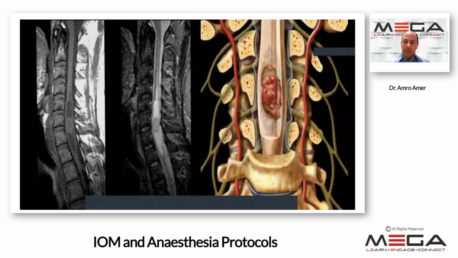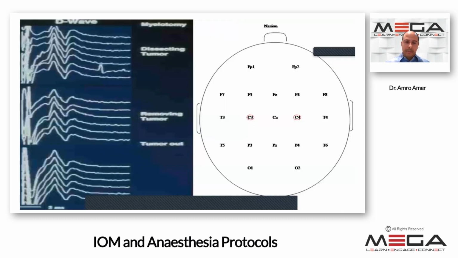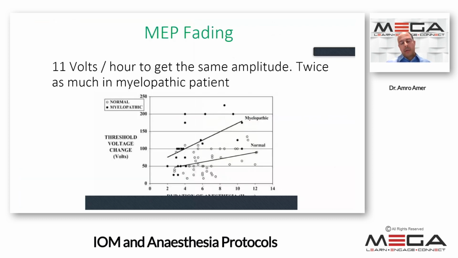Another picture of intramedullary tumor. That's another picture of the D wave, and on the right side, that's where we usually stimulate the head. We have another thing, what's called fading, motor fading. So the longer the surgery, the signal will be less, no matter what.